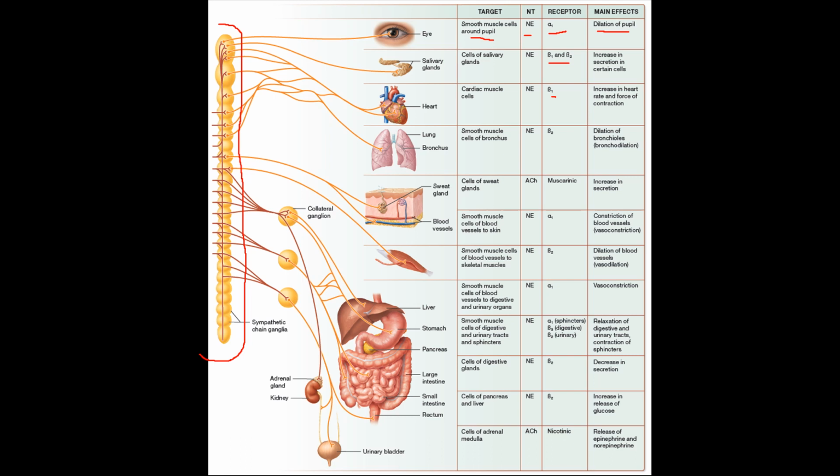I'm not going to go through each of these individually, but it is important that you guys know what the effects of these sympathetic stimulations are. So I'll leave this up here just for a second for you guys to pause and get a good look at. Don't forget, this is also in your textbook. All right, I'm moving on to the next slide now.